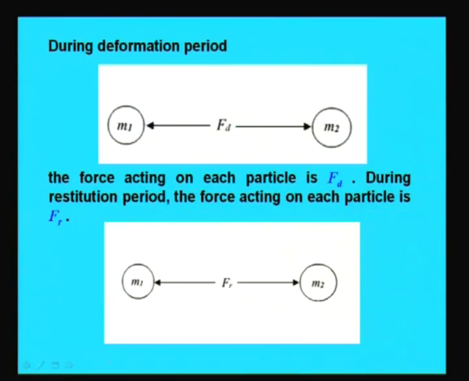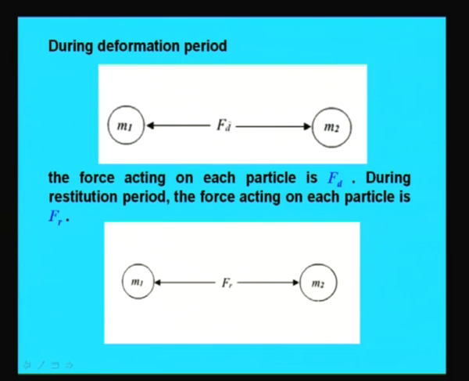Now let us see it carefully. During the deformation period, M1 and M2 are the two bodies. Body M1 is pressing body M2, so body M2 is applying a force on body M1, and that force is given by Fd. I am showing the direction of the force Fd on M2 applied by body M1.